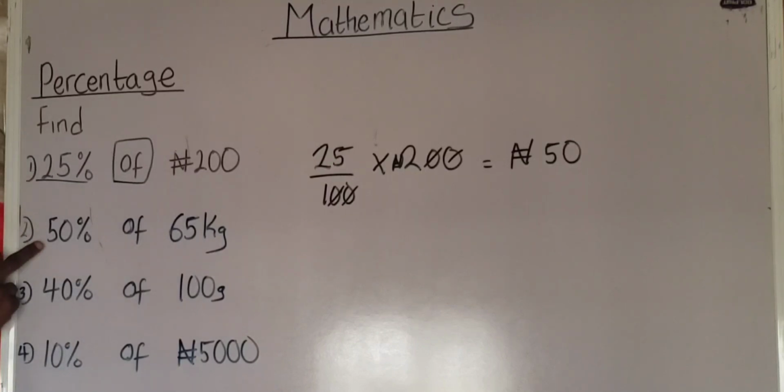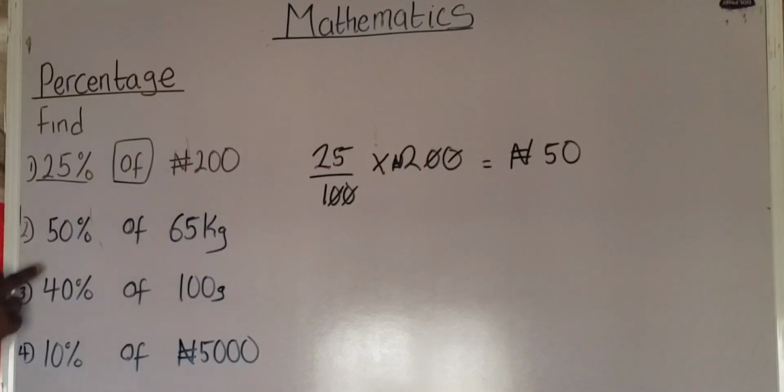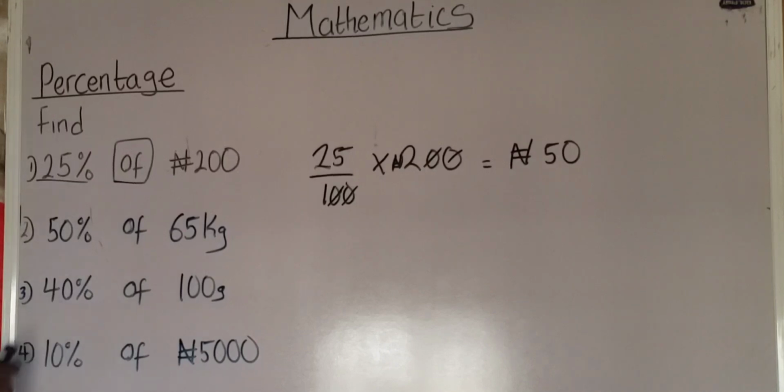We are asked to find 50% of 65 kilogram. I've explained what we mean by "of". "Of" in mathematics means product, multiplication, you understand? And 50% means 50 divided by 100. Don't forget, in our first class we learned how to convert percentage to fraction.